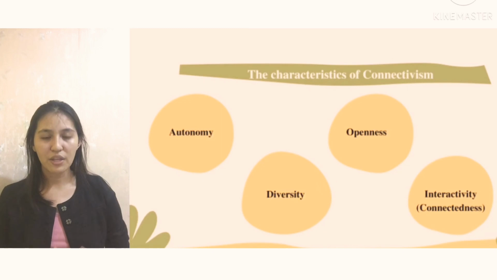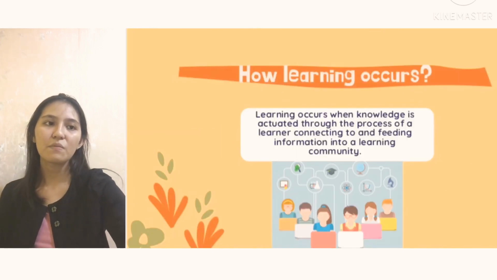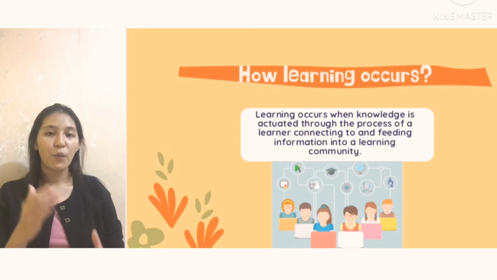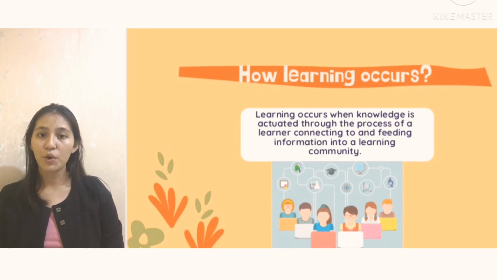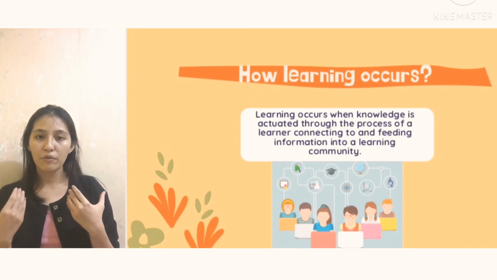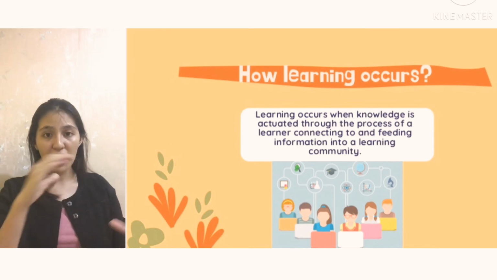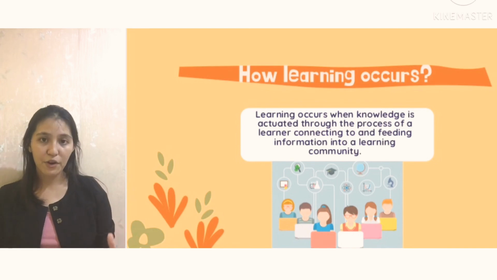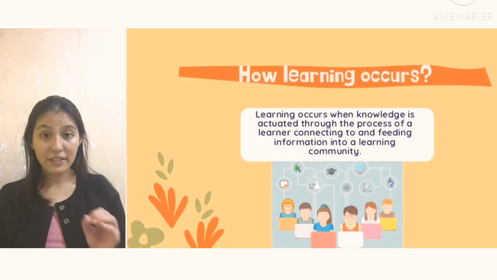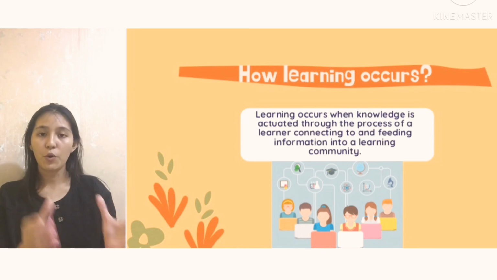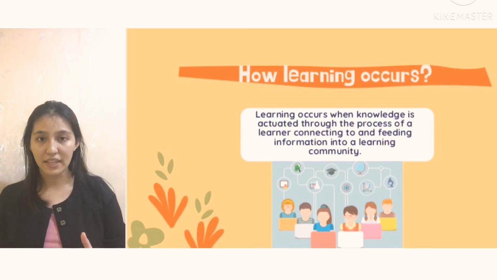So how does learning occur? When we find or get knowledge or information, we share it with others using social media or the internet, which means we make a learning community.